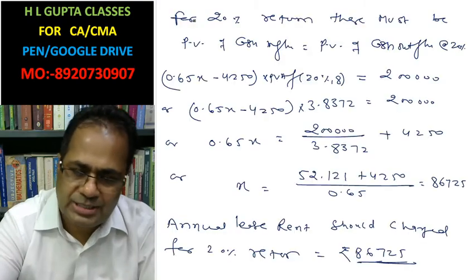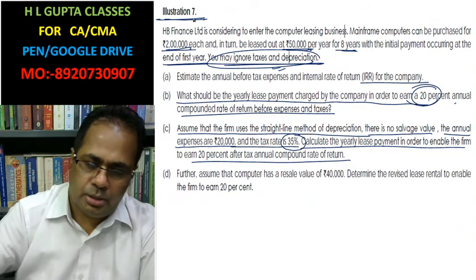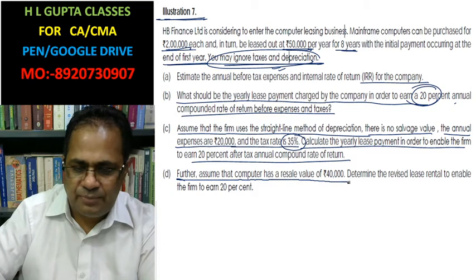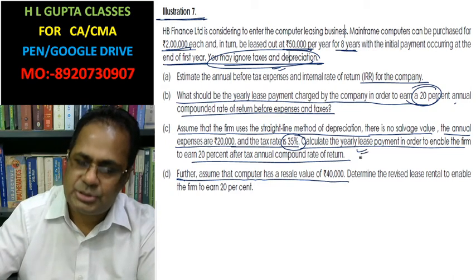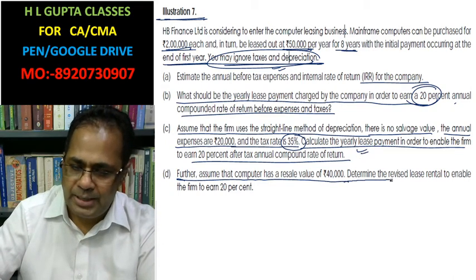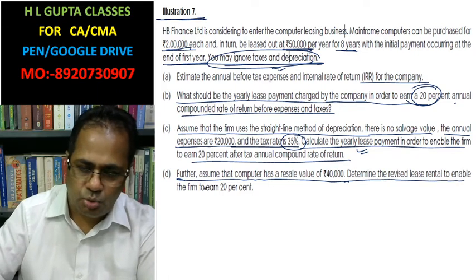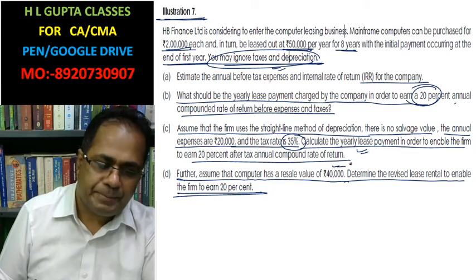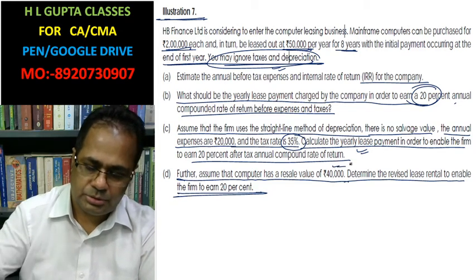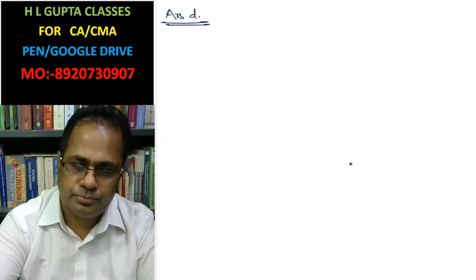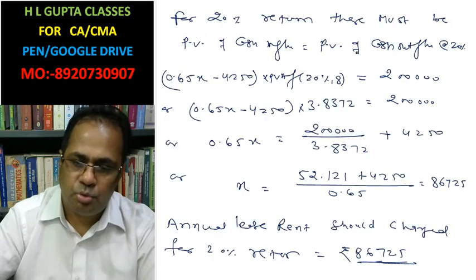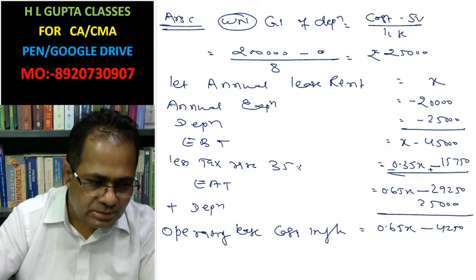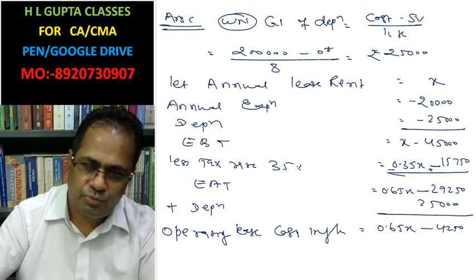Part D is also exactly the same way. Look at here. Further assume that the computer has resale value. In the previous part there was no resale value. Determine the revised lease rental to form a 20% return. That is a resale value, that is a scrap value of 40,000. Now, in this case, you have to charge depreciation with scrap value 40,000.